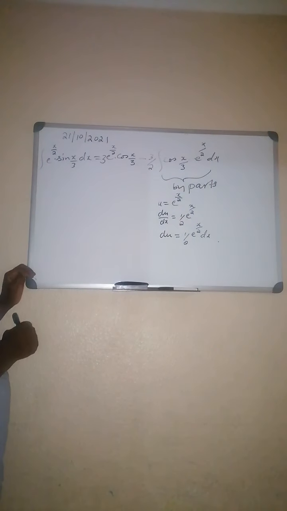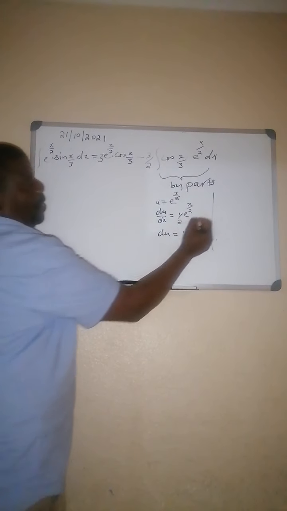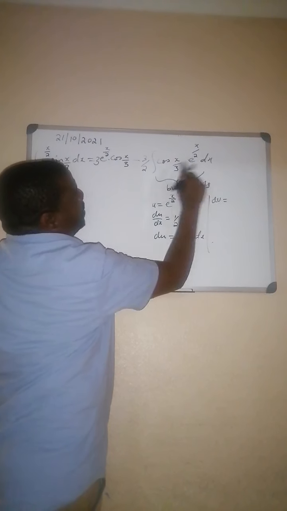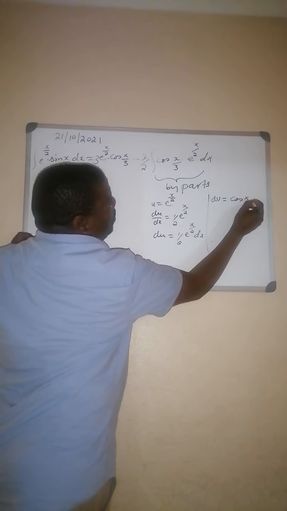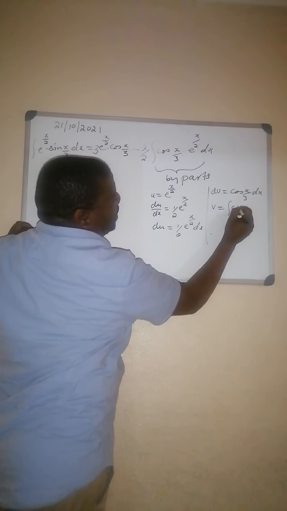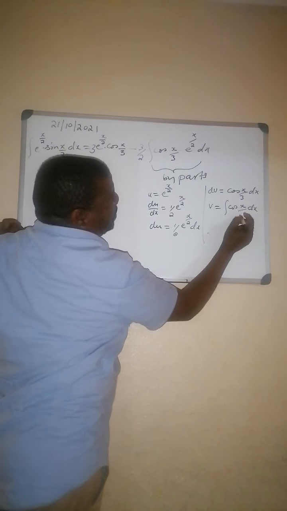That is the du. Now this leaves us to have the dv as the cos of x over 3 dx, where v will be the integral of cos x over 3 dx.